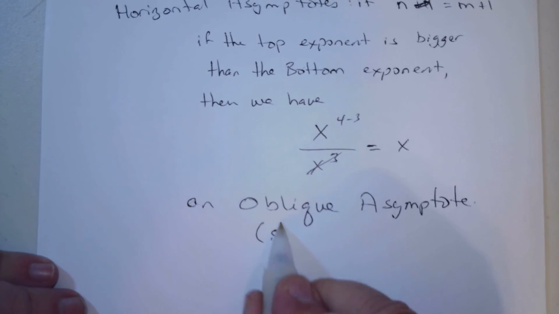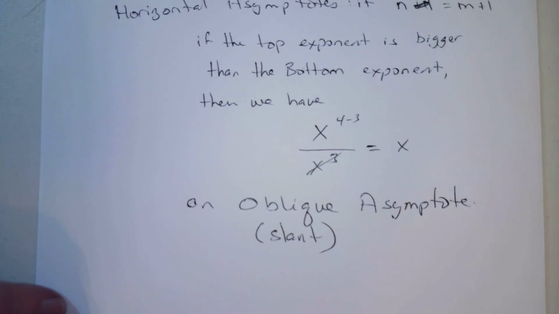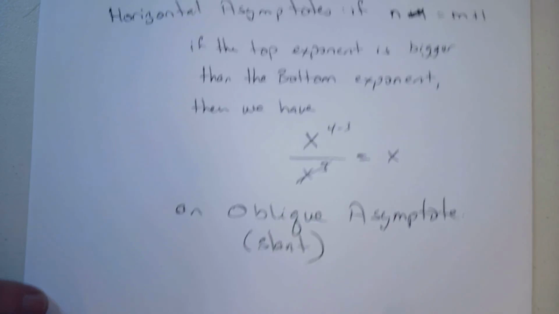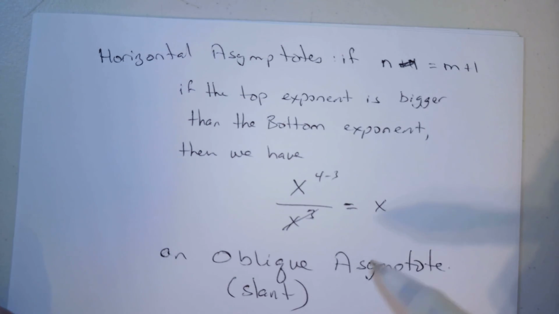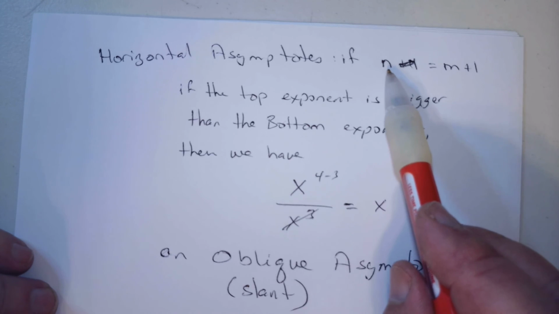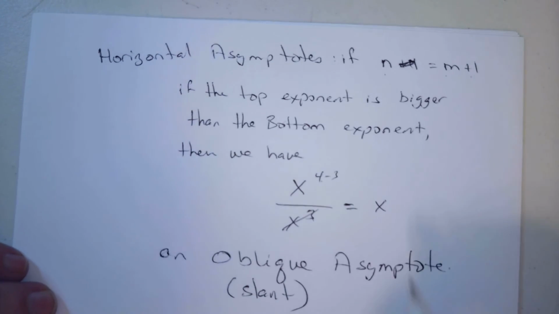Oblique, slant. So normally, if the top is bigger than the bottom, then we have no horizontal asymptote, unless the top is bigger than the bottom by 1. If we have that, then we have an oblique or a slant asymptote.